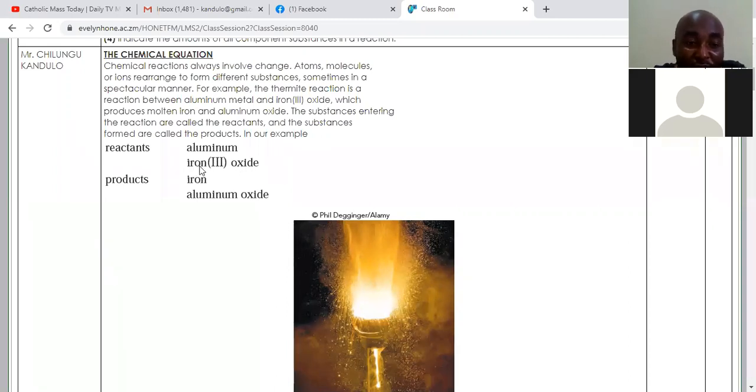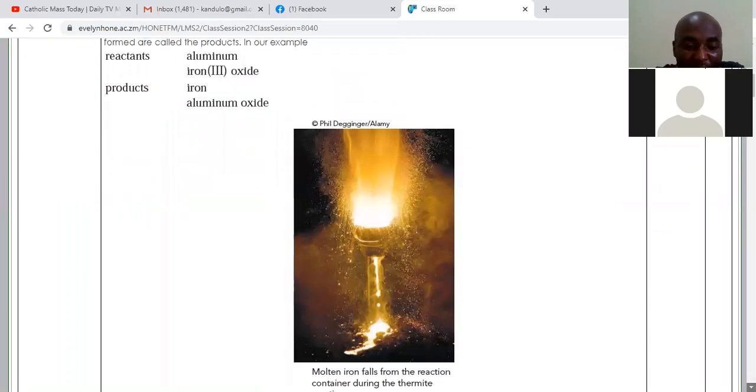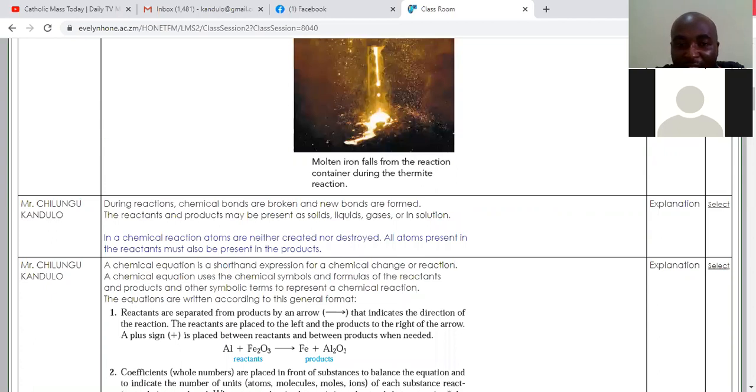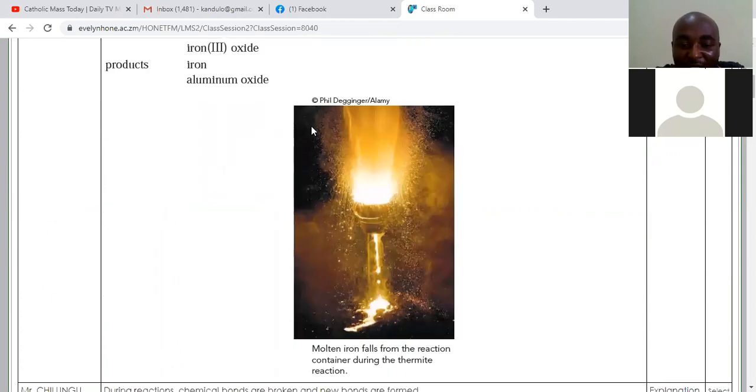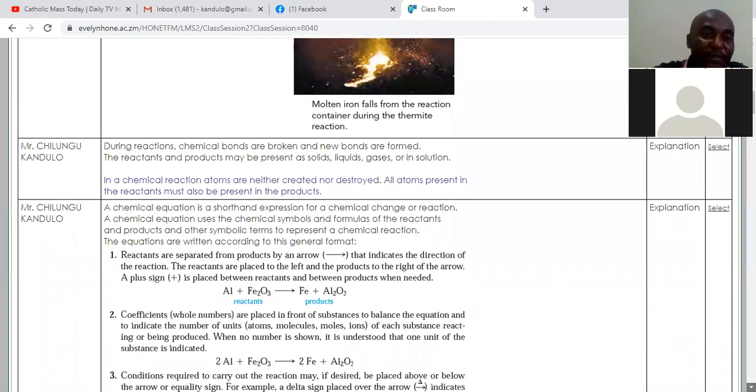What happens here is called a displacement reaction. We'll talk about them in the next lesson. Aluminium displaces the iron, the iron moves out and the aluminium comes in, so you get iron and aluminium oxide. That's called a displacement reaction. This is called the thermite process, where aluminium displaces iron in its oxide.